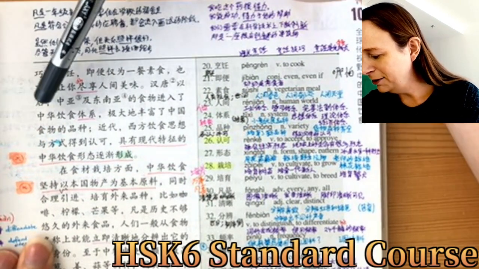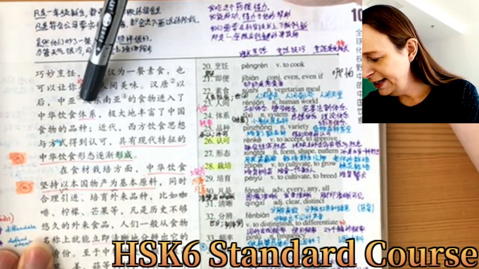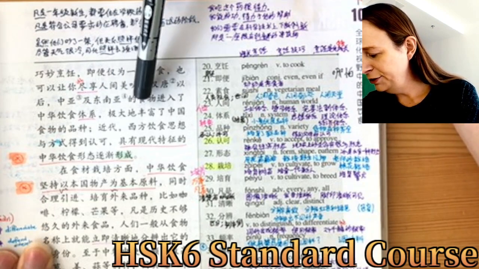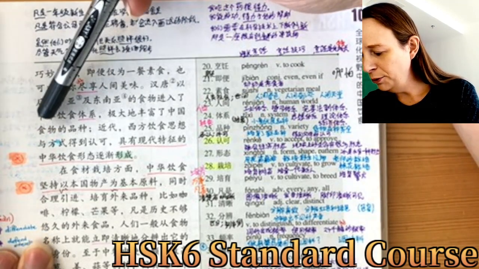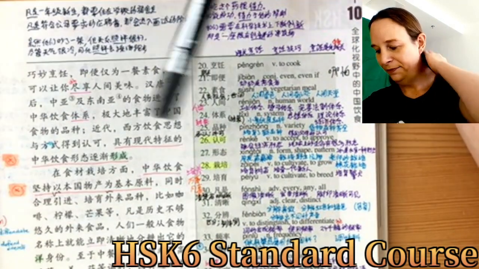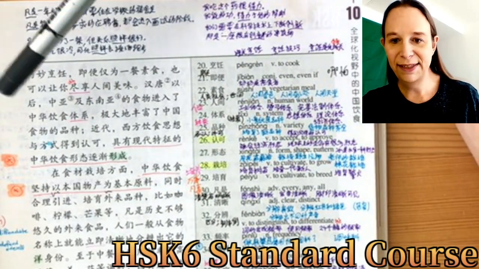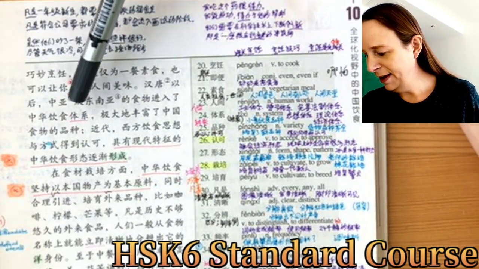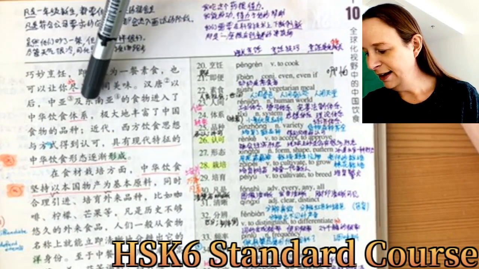汉唐以后，中亚及东南亚的食物进入了中华饮食体系。So 中亚 is Central Asia, and 东南亚 Southeast Asia.